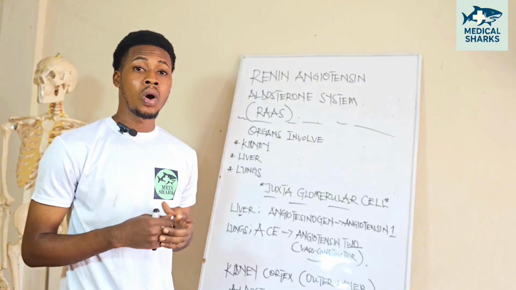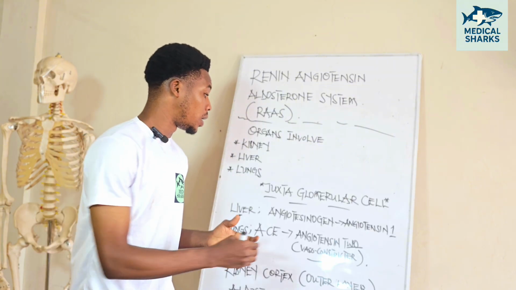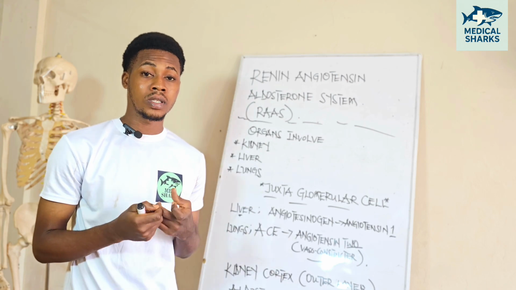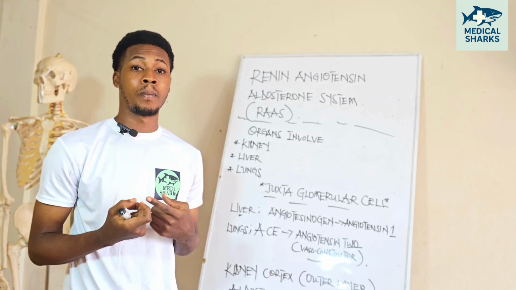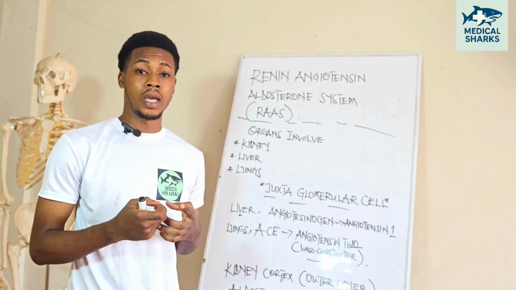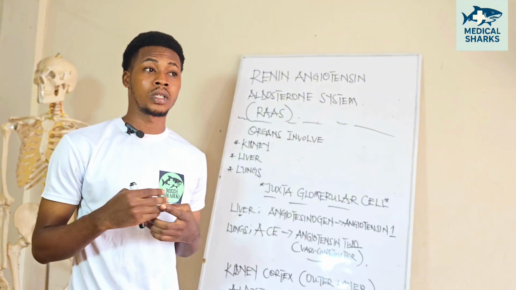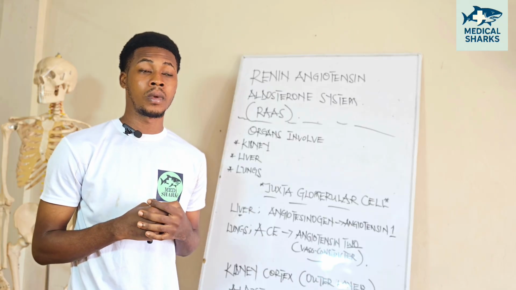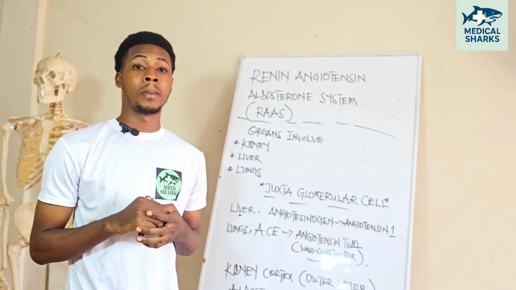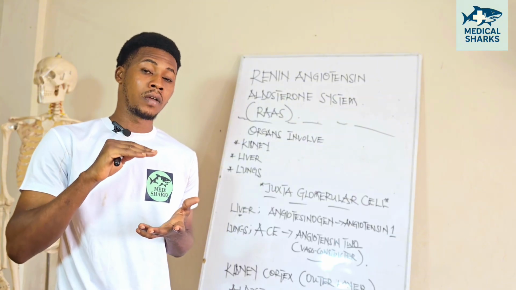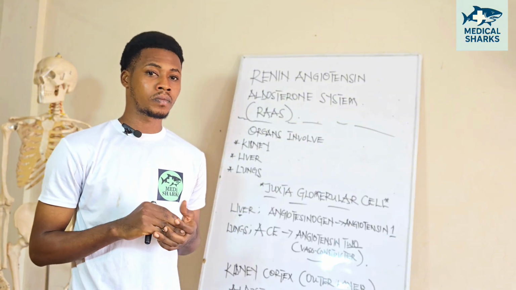So basically, when the blood volume is low and the vasoconstrictor is activated, it increases the peripheral resistance, increasing the heart rate, and the cardiac output will also be increased. Then more blood will be ejected into the system, increasing the blood volume, from low blood volume to a higher volume.